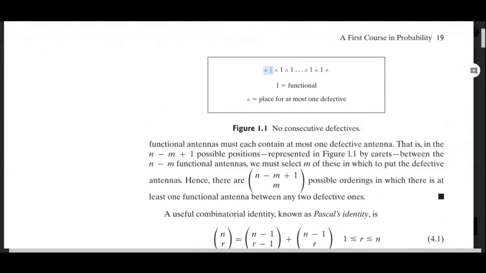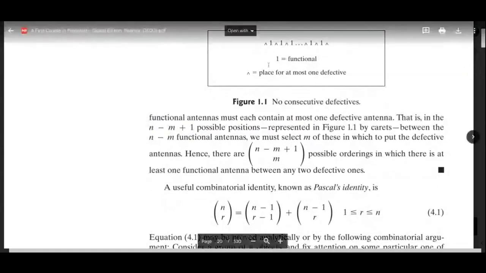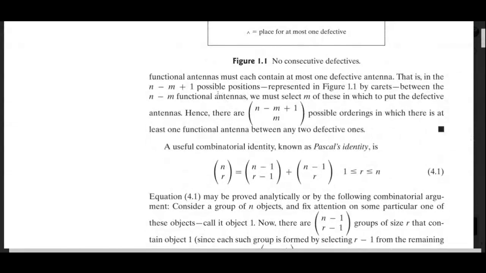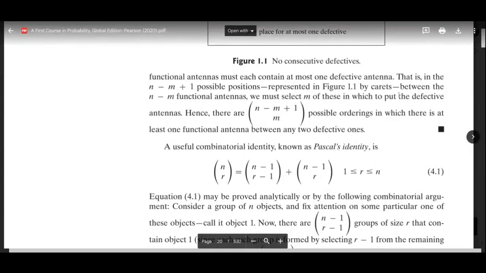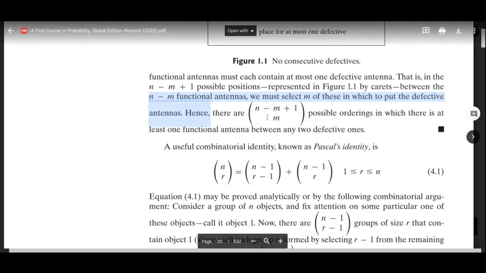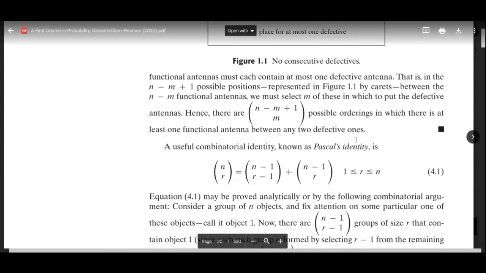Just like this: a good one, a bad one, a good one, a bad one, a good one, because no two are next to each other. So between the n minus m functional ones, we must select m. So that's n minus m plus 1. That's how we count, right? Then out of this many, choose m of them.